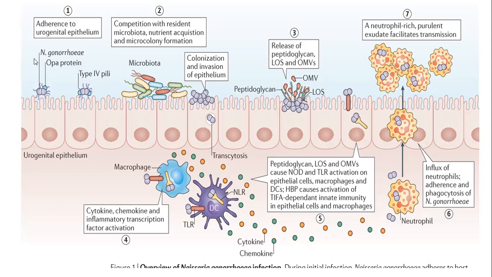Then come competition with resident microbiota, nutrient acquisition, microcolony formation, colonization, and invasion. The next step is invasion. Gonococci use their specific Opa proteins and porins, and by these proteins they can invade the cell and destroy it.